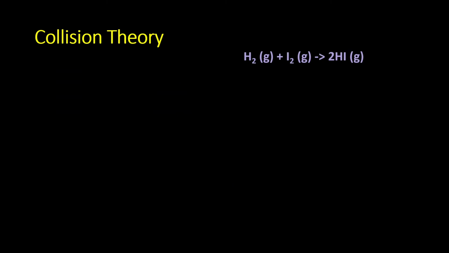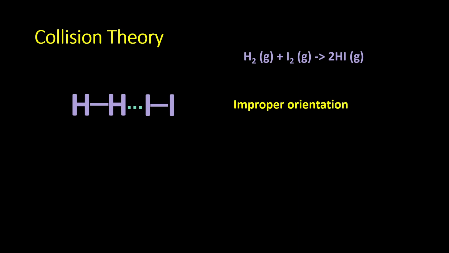According to collision theory, the second requirement for an effective collision to result in the formation of product is to have correct orientation. For example, in this reaction, hydrogen molecule reacts with iodine molecule to form hydrogen iodide. If the hydrogen and iodine molecules are colliding side to side, this orientation is improper and therefore will not result in formation of product.